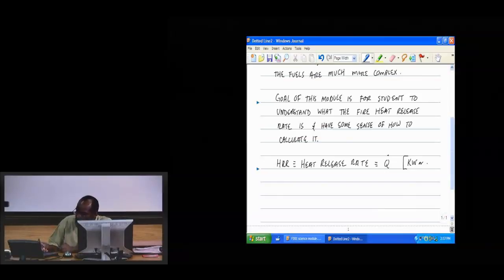In fire modeling, whether it's system design or some sort of reconstruction, we can use modeling to do either one of these things.